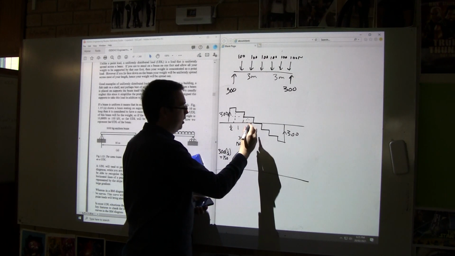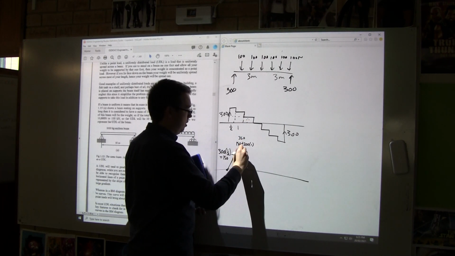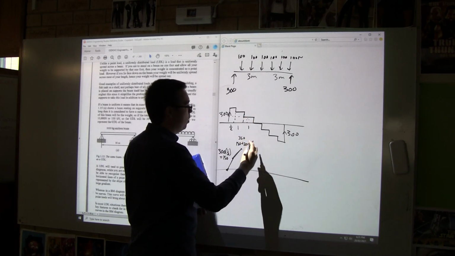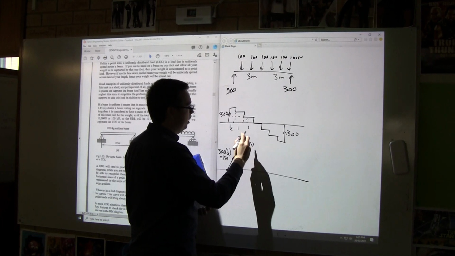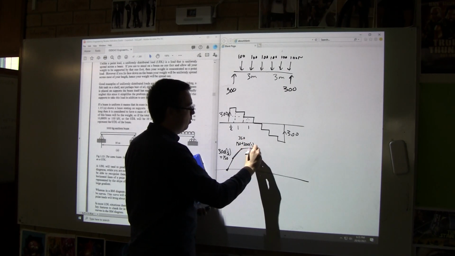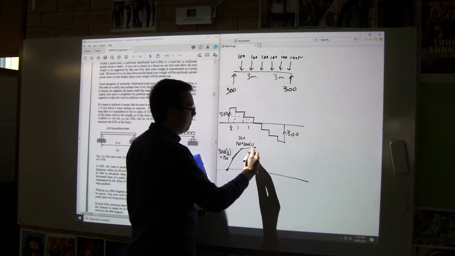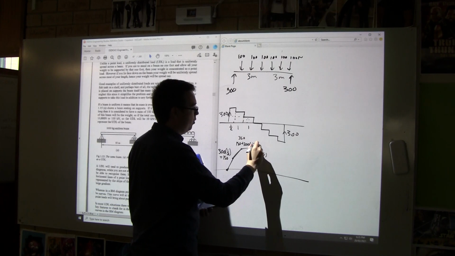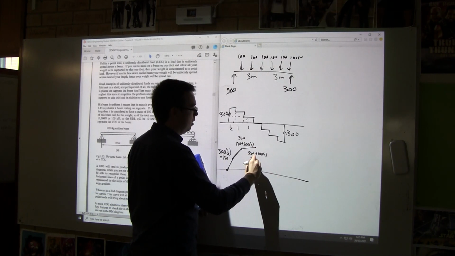At the end here, I've got another block. It's 1 meter, but it's only 100. So if I was at 350 and I add 100 times 1, it's going to equal 450.